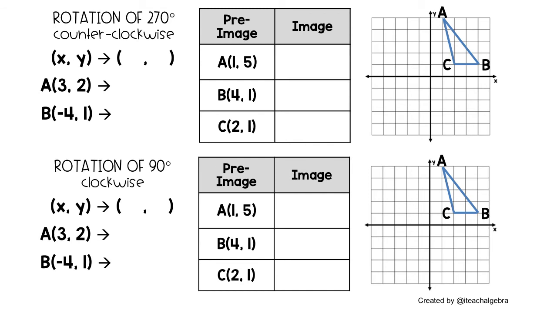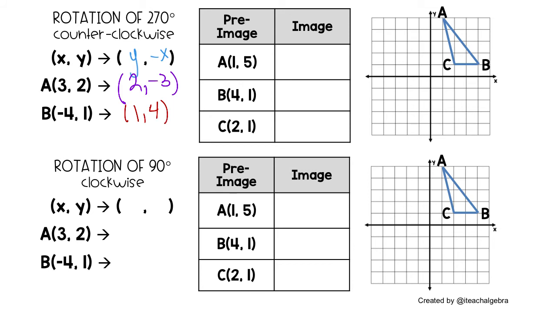So if we start with X, Y, 270 degrees counterclockwise is going to be Y, negative X. So if we have point A at 3, 2, and we want to make it A prime and rotate it 270 degrees counterclockwise, it's going to become Y is 2, negative X is negative 3. Point B at negative 4, 1 is going to become Y at 1 and negative X, positive 4 this time.